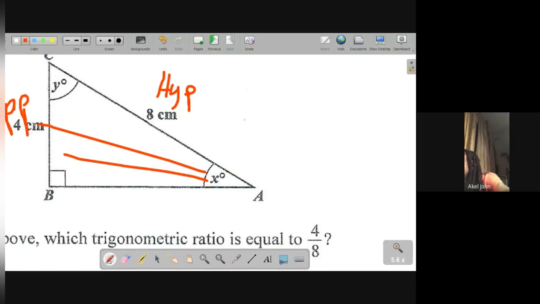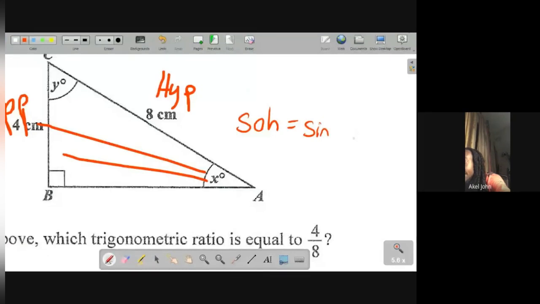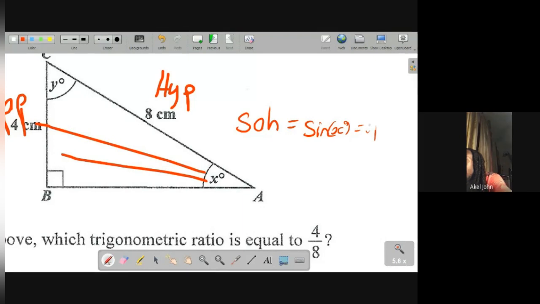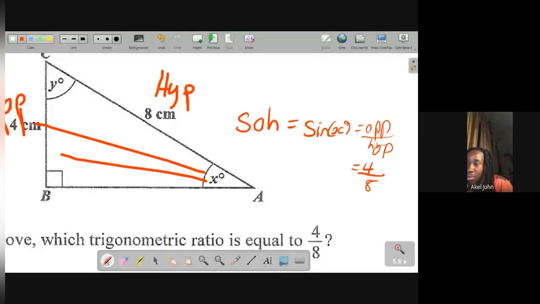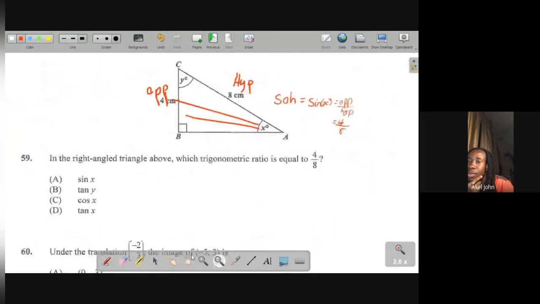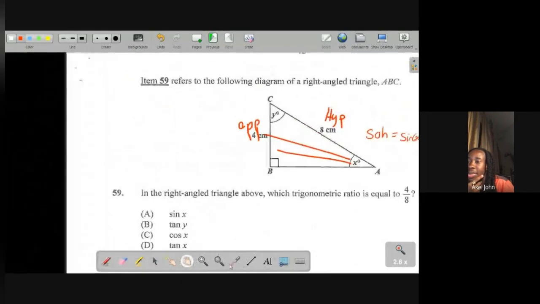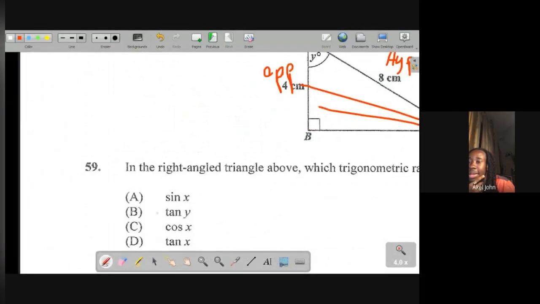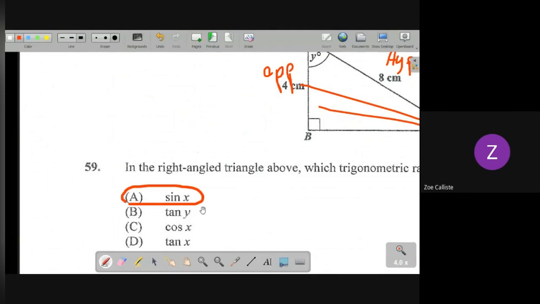Sine of whatever angle, let's say angle X, is equal to the opposite over the hypotenuse, which is equal to 4/8. And we just proved what needed to be proved. So it's sine X.